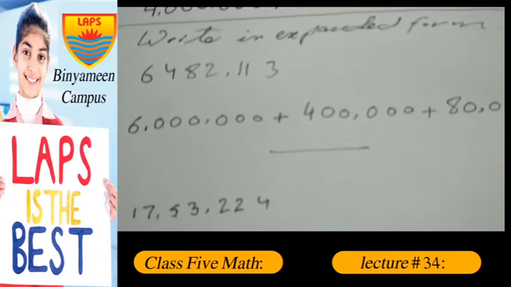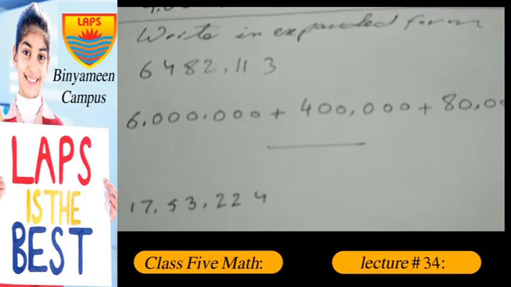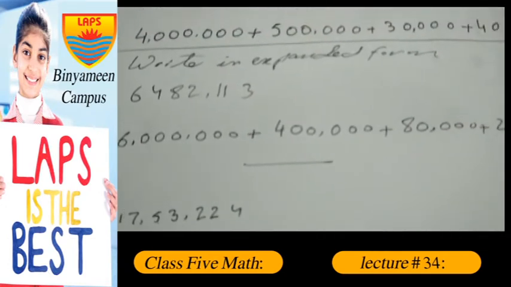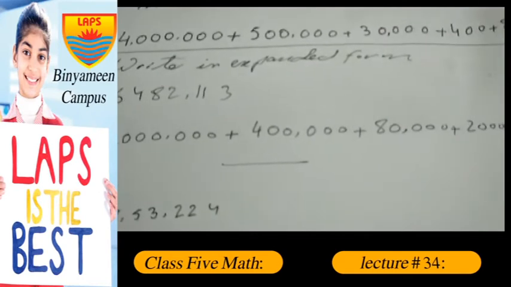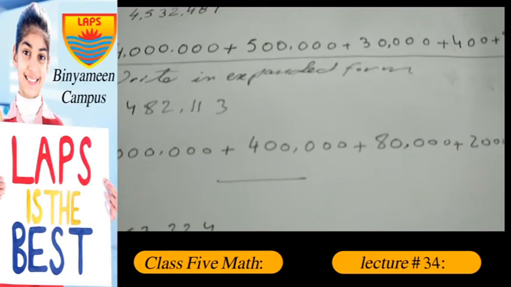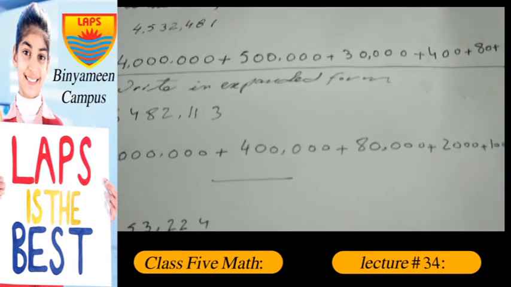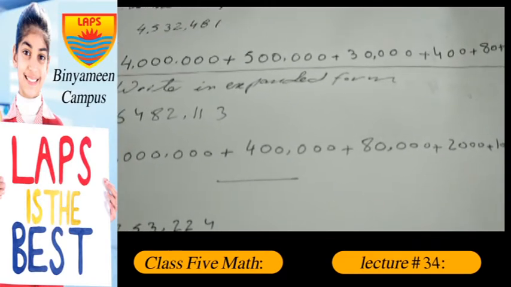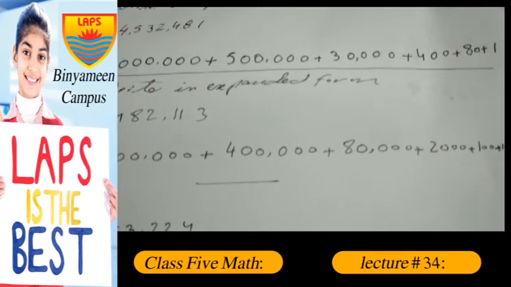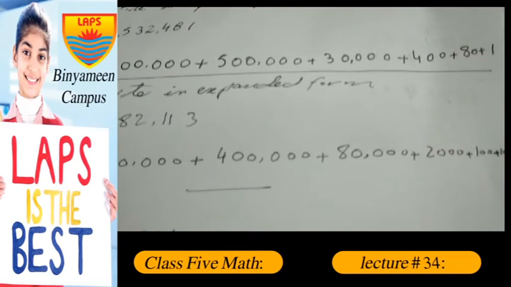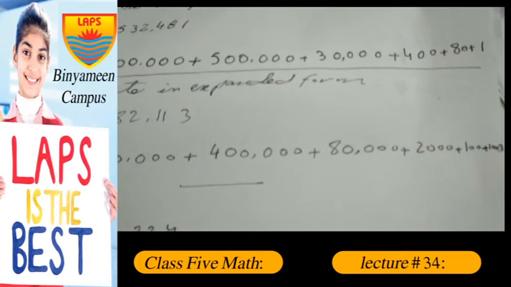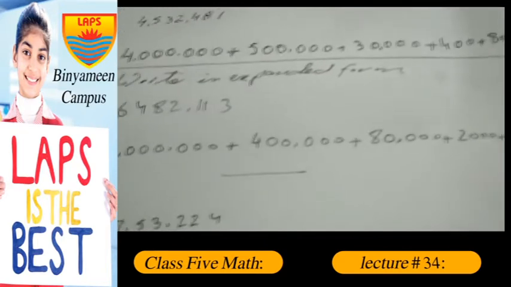Then put the plus sign, then write 4, put 50, then write 8, 40, then write 2, 30, then write 1 and put 20, then write 1, put 10 and plus 3.